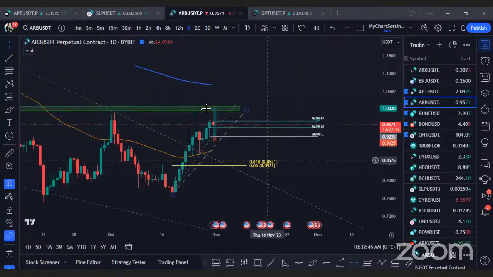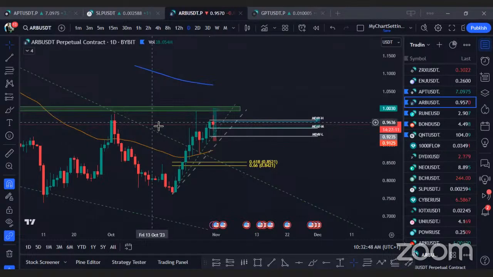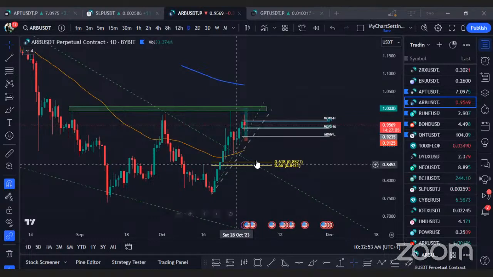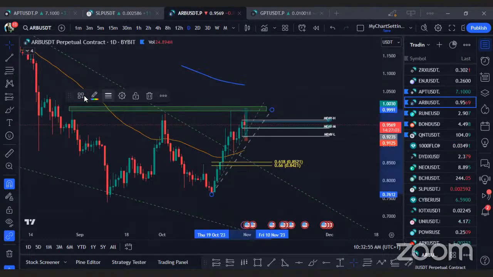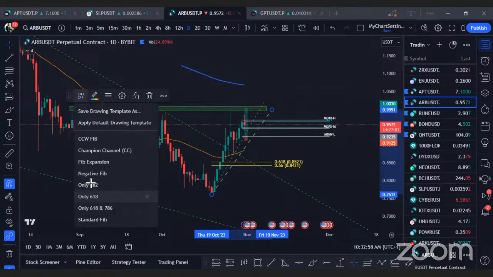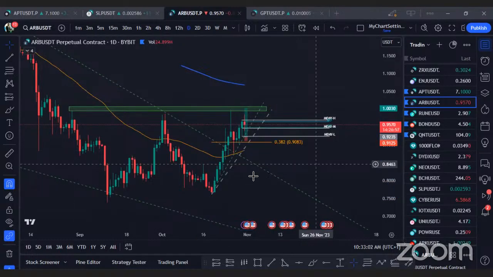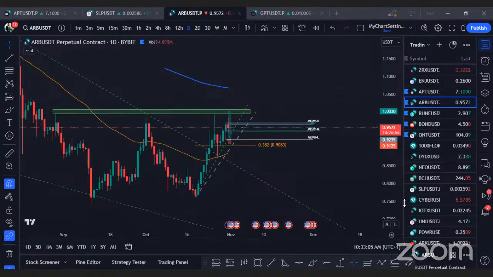I want to see if ARB can get up to that 99 cents or even $1. And then if we pull back down to that 382 level, we could be taking trades up more.